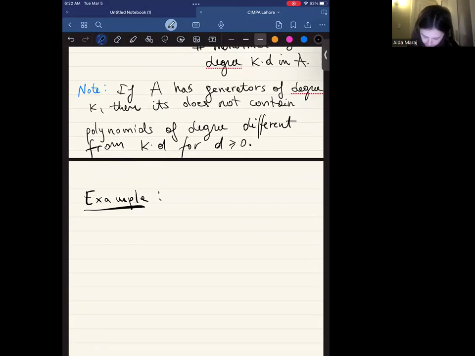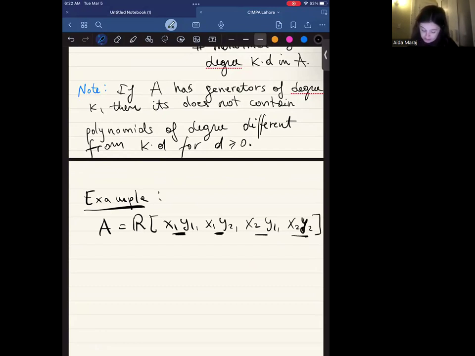if A is R of, let's say, x1 y1, x1 y2, x2 y1, x2 y2, so it's generated by these generators, then by definition every element in A is either these generators or products of these generators. If I multiply them together, I get a generator of degree a multiple of 2, or taking sums of these things.